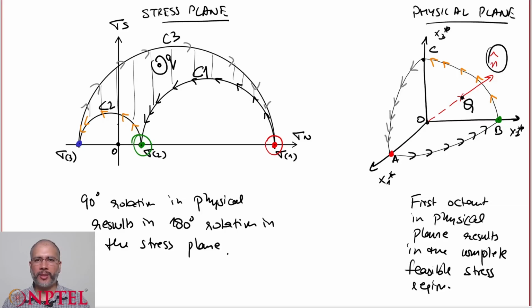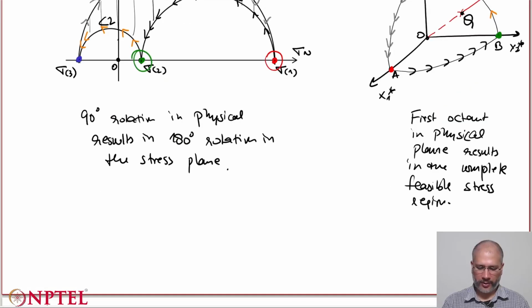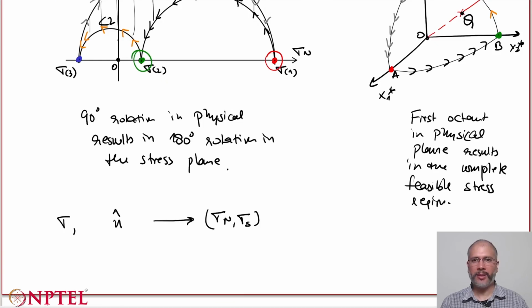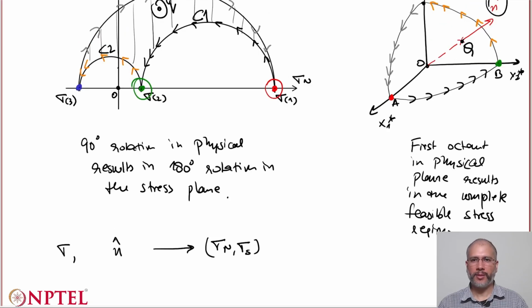Now doing that exercise is an exercise in pure geometry, and that exercise takes us, given a normal n hat for a given state of stress sigma, it allows us to locate sigma n comma sigma s values on the stress plane, that is to find the sigma n comma sigma s for a given normal. So it is much more comfortable working analytically, that is getting sigma n and sigma s values from sigma and n hat using the equations that we had just written in this lecture above.